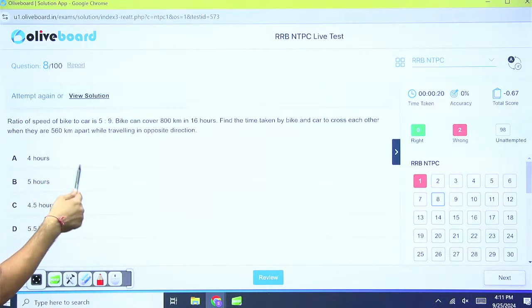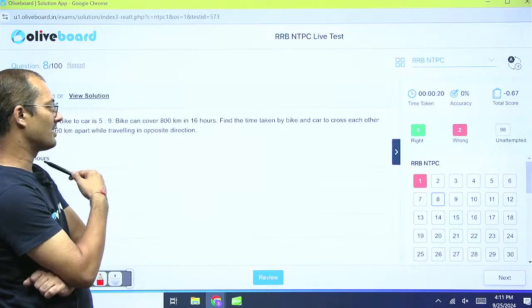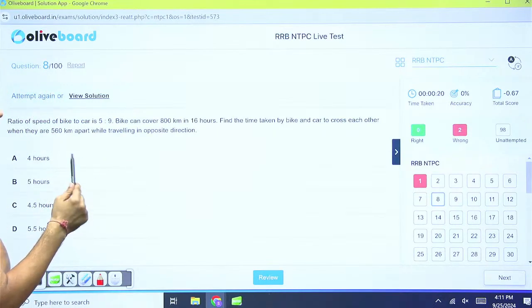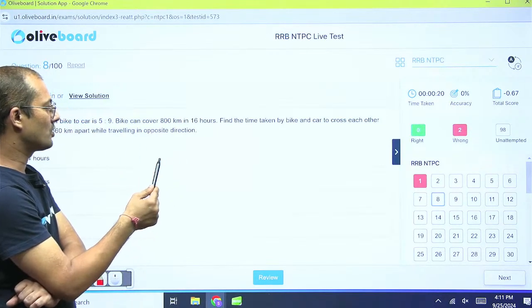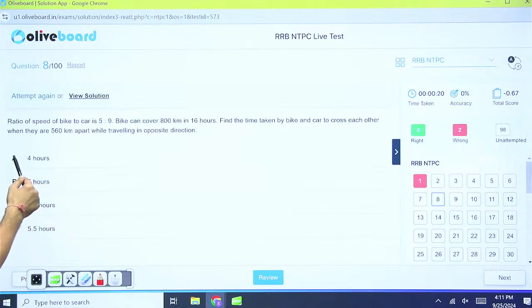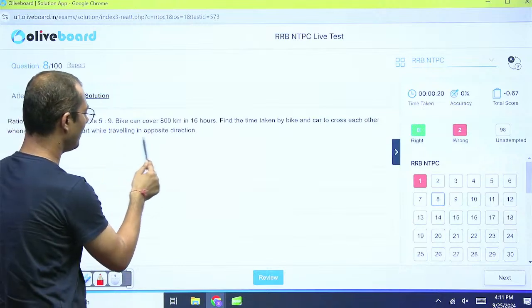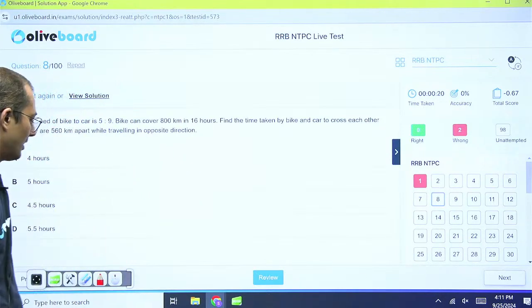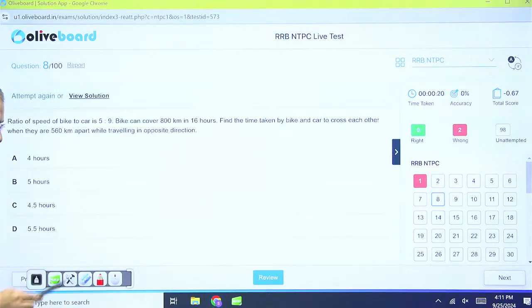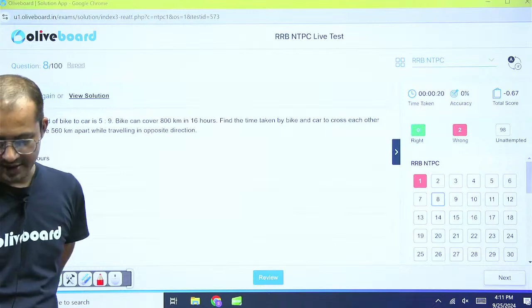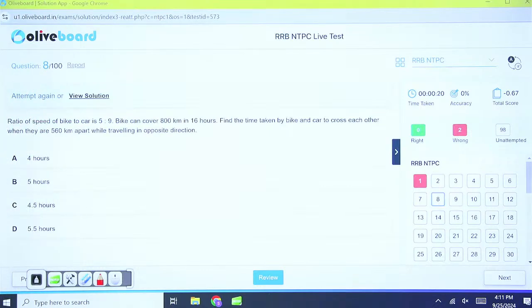Bike can cover 800 km in 16 hours. Find the time taken by bike and car to cross each other when they are 560 km apart while traveling in opposite direction. Here we have to apply the concept of relative speed. Please tell me what would be the answer.